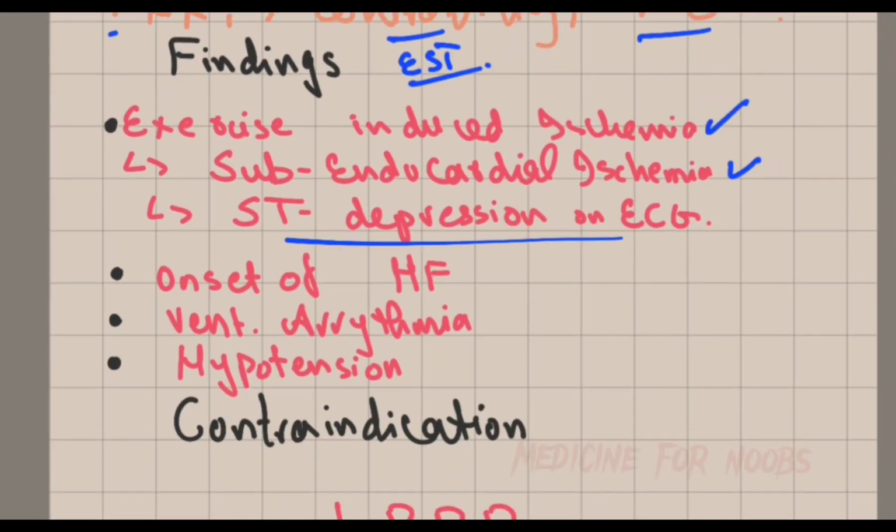On the exercise stress test, exercise-induced or subendocardial ischemia occurs, which leads to ST depression on the ECG, and this is suggestive of ischemia. Other findings suggestive of a positive test are onset of heart failure, ventricular arrhythmia, or hypotension.